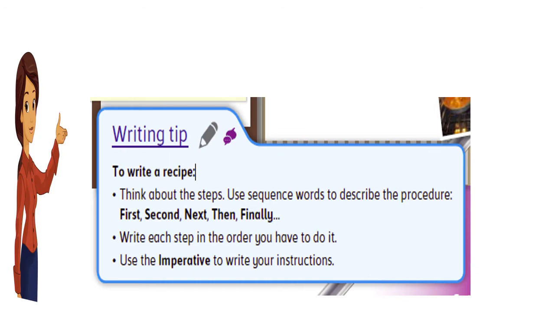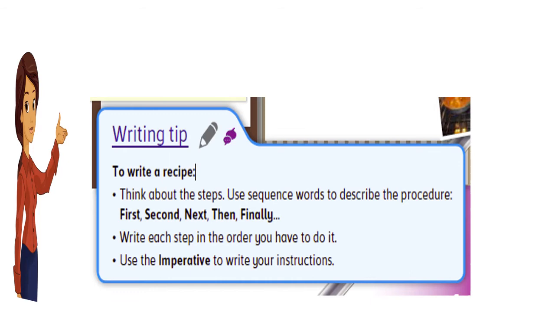Let's read the writing tip. To write a recipe, think about the steps. The first thing you have to do is think of the steps. Number 2, use sequence words to describe the procedures, like first, second, next, then, and finally.